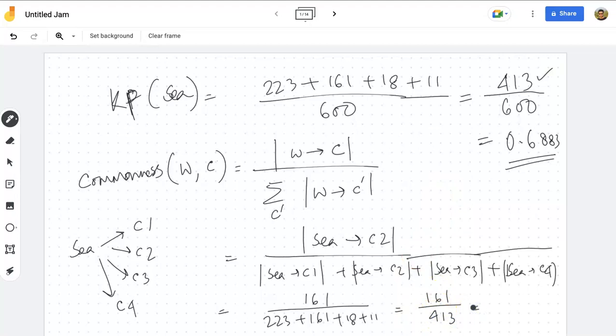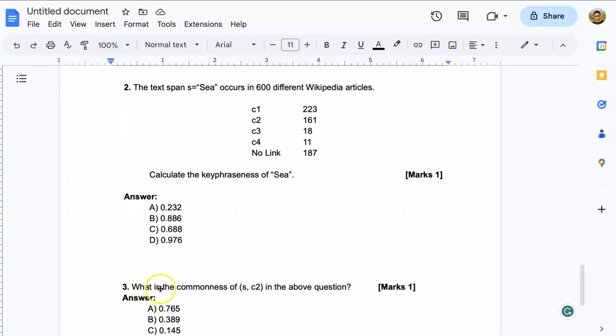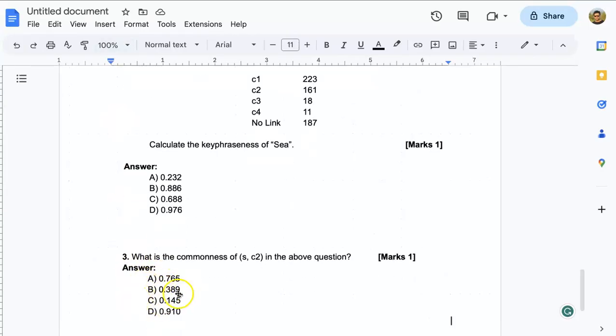If you calculate 161 divided by 413, it will be around 0.389. If you check the answer, yes, B will be the answer.